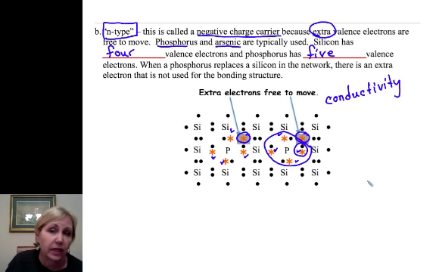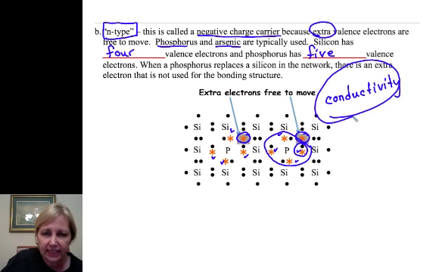So that's why we can control the conductivity, and they can control the amount by controlling how much phosphorus is doped into the silicon. Okay, so that's how we get mixtures with a network covalent, and how changing that structure alters. In this case, we're focusing on the conductivity as our function.